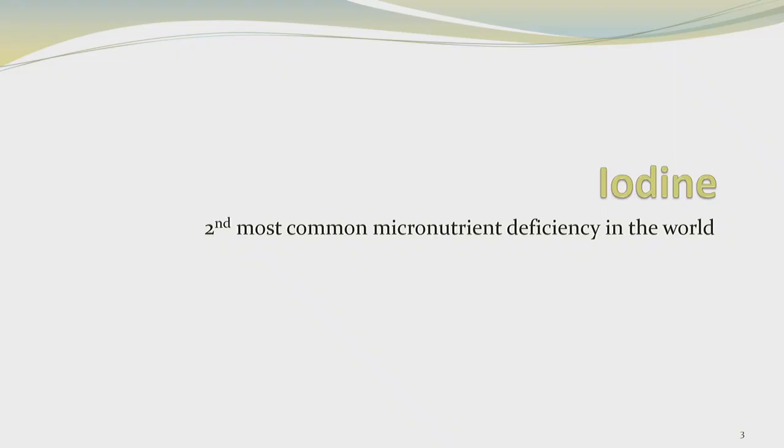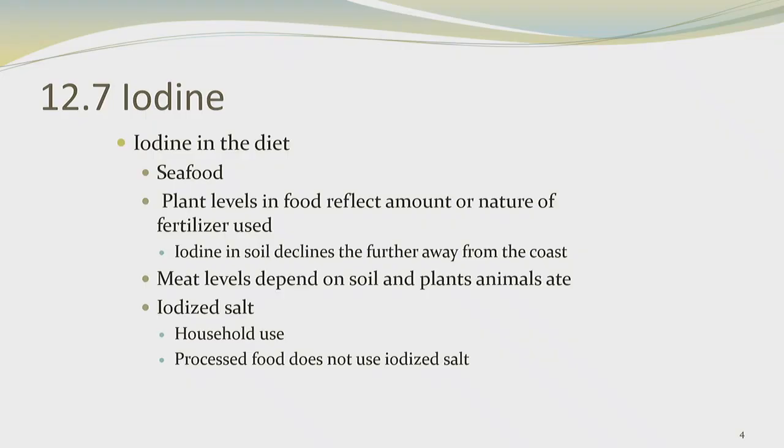So the first trace mineral that we'll discuss is iodine. And iodine is the second most common micronutrient deficiency in the world. Iodine is typically found in the ocean, and so it makes sense that it is present in plants that are closer to the coast and seafood that come from the sea as well.